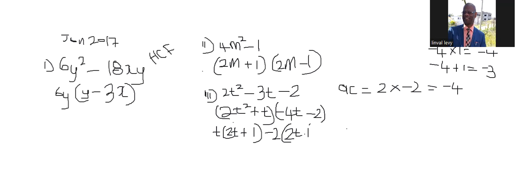Now notice again, we must have the same thing in each bracket, so 2t plus 1, 2t plus 1. Then write down the factors. So it will be t minus 2 into 2t plus 1, right?